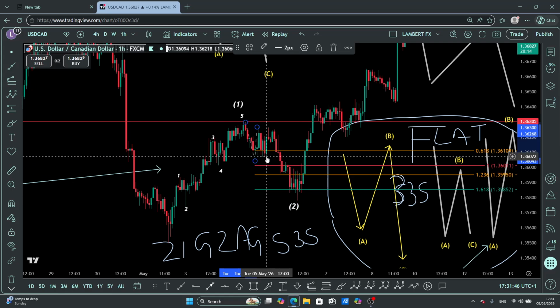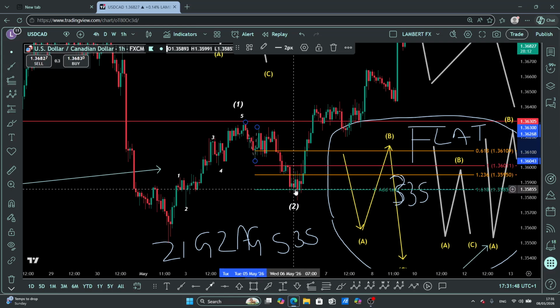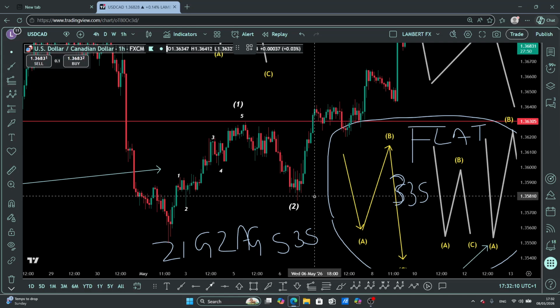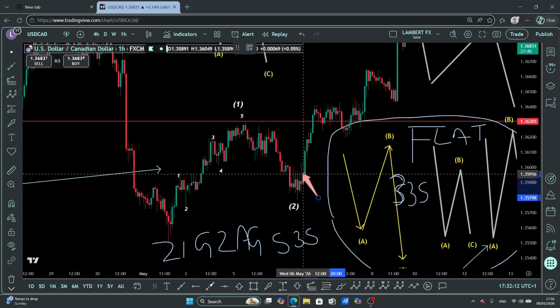So for example, this here, as you can see, we did not close below 1.618. We had rejections. This then gives you the confidence that the two corrective pattern ended there. So all you need to do after this bullish candle right here is take your trade.